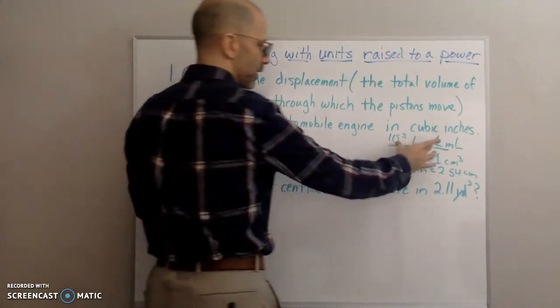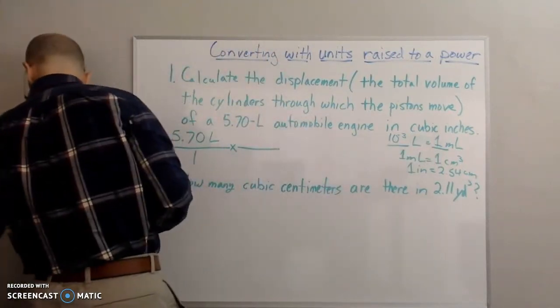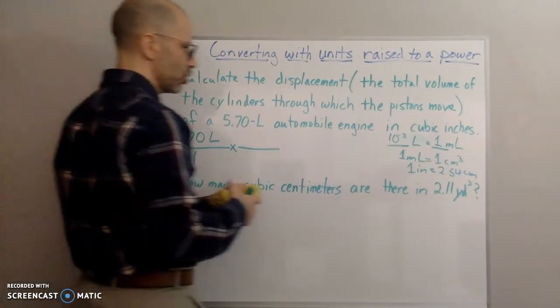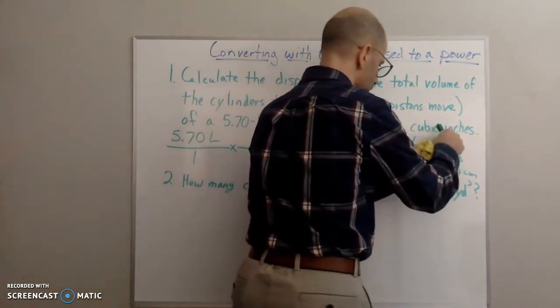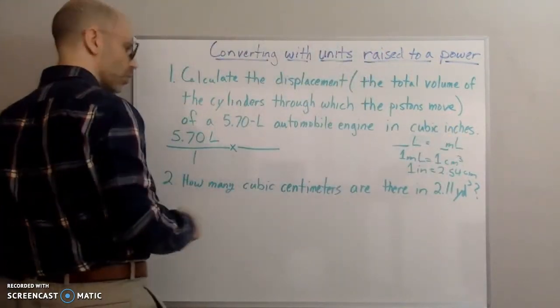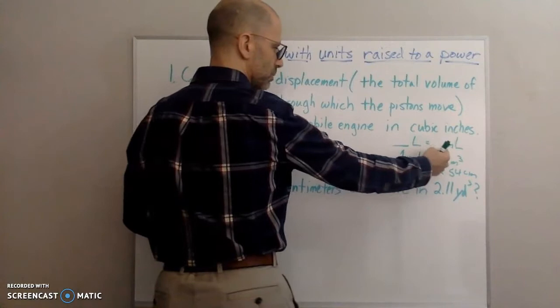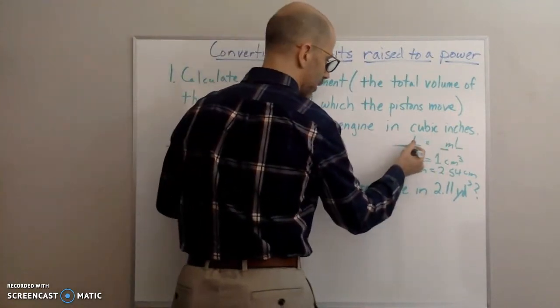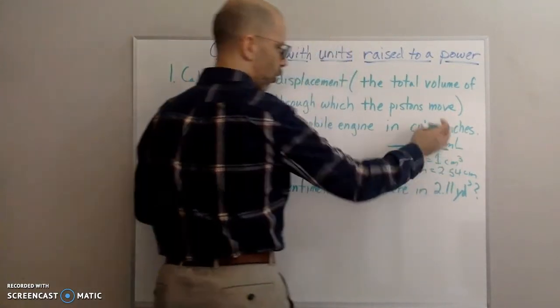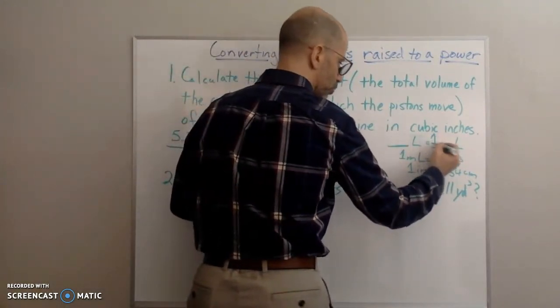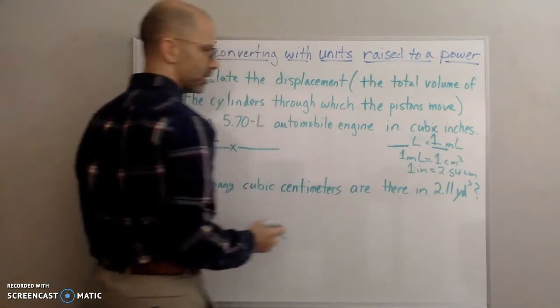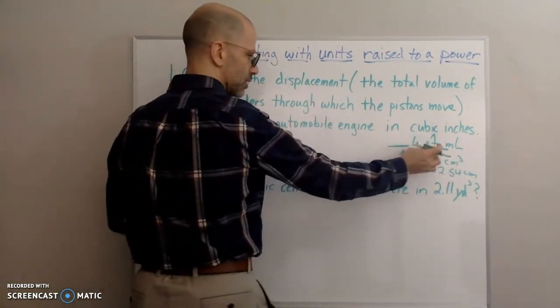And here's my relationship. Again, just to show you how I got this before, I set up my equality, liters to milliliters, and what I do is I always put the 1 with the unit that has the prefix, and then the base unit gets the prefix multiplier.